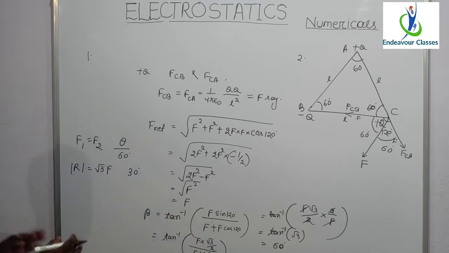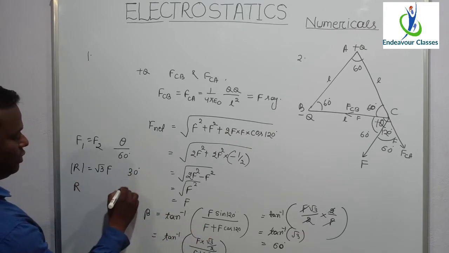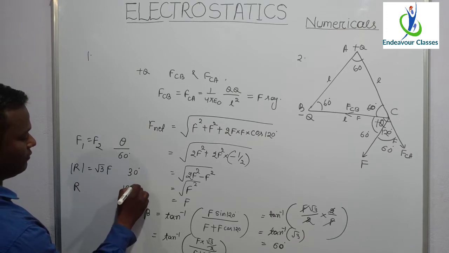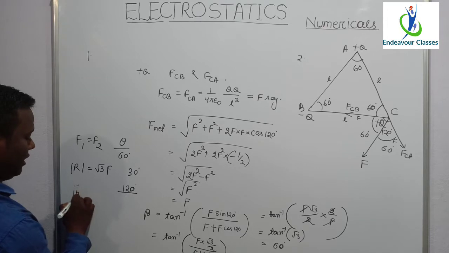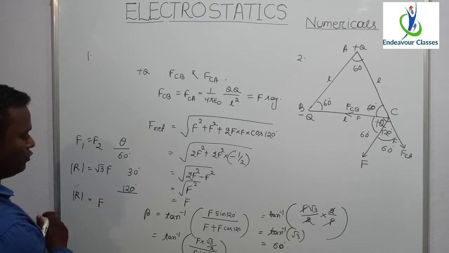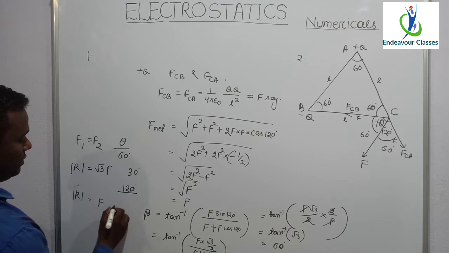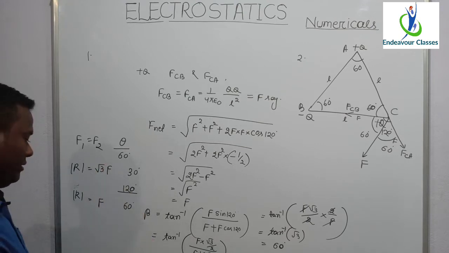And in this case we found that if theta is equal to 120 degree, then the magnitude of the resultant will be equal to F, equal to both the forces, and it will go making an angle of 60 degree, that means along the midline.